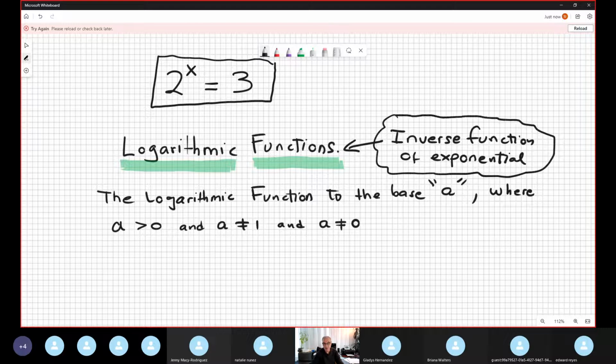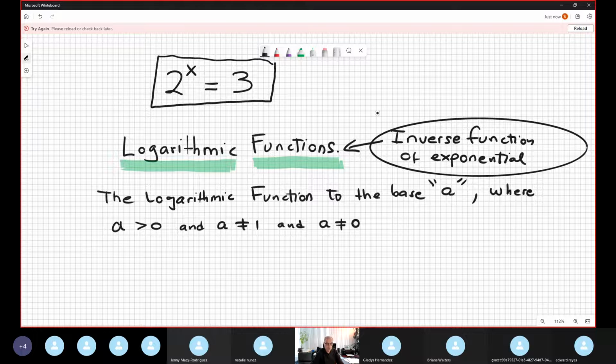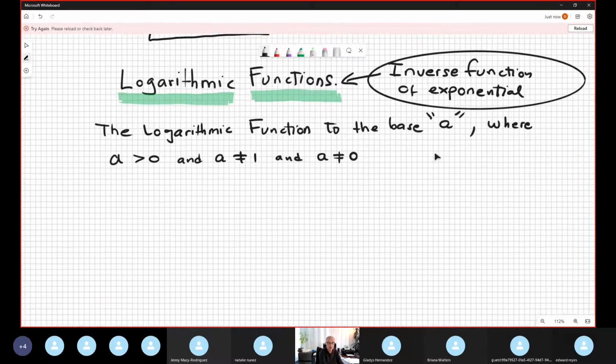Let me explain in detail now. Suppose you are super familiar with the exponential function. Everyone knows very well the exponential function is f of x equals a base raised to the x power. And the base, remember, is always positive, not 1, not 0. This is the classical exponential function.